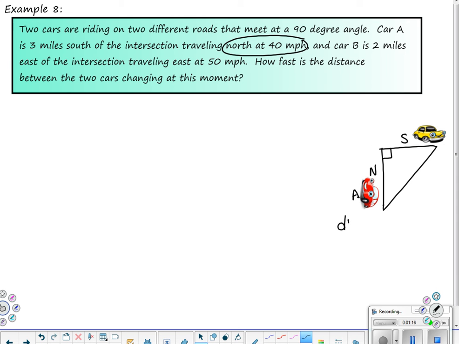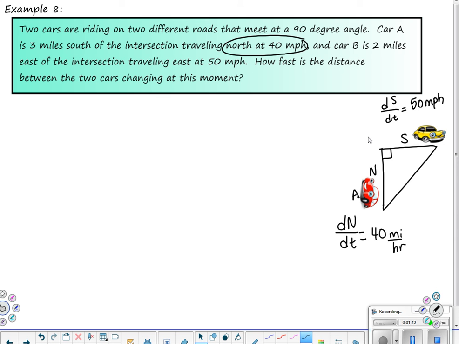So dN/dt is 40 miles an hour. And car B is 2 miles east of the intersection, traveling at 50 miles an hour. So dS/dt is equal to 50 miles per hour.